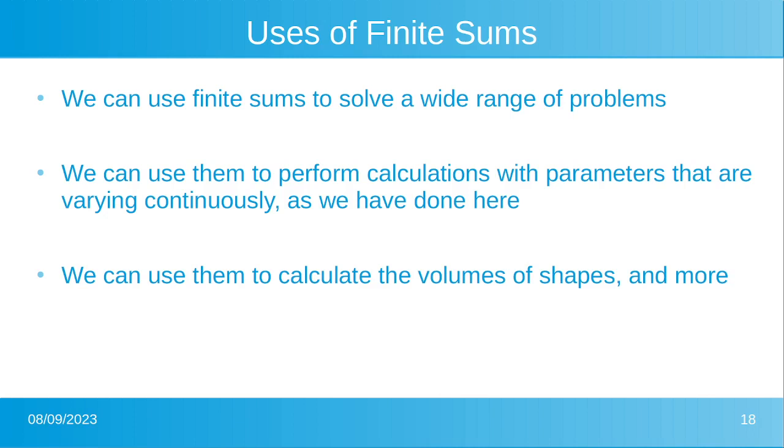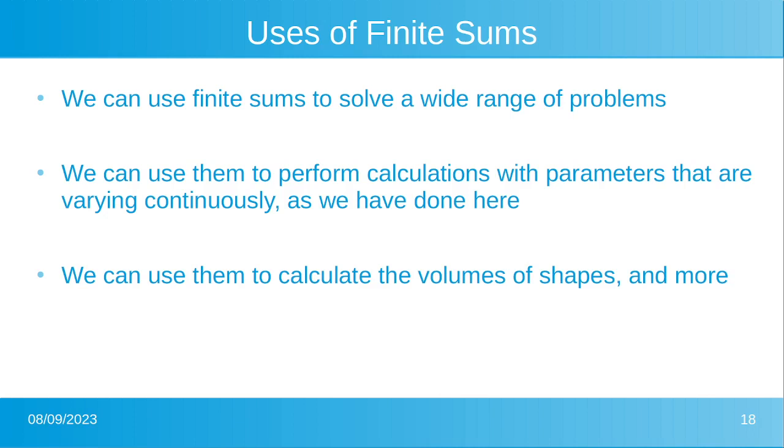We can use them to perform calculations with parameters that are varying continuously, as we've done here. So in our example number 2, we were working with a speed parameter that was varying continuously with time. And we couldn't use our straightforward distance traveled equals speed by time calculation, but by using a finite sum to calculate the area underneath the curve, we were still able to calculate the distance traveled.